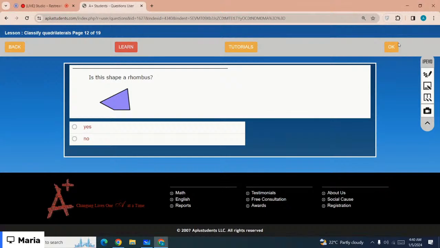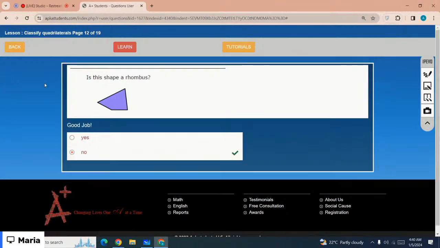The correct option is no, this isn't a rhombus, right? Okay, you can complete the lesson by yourself later today.